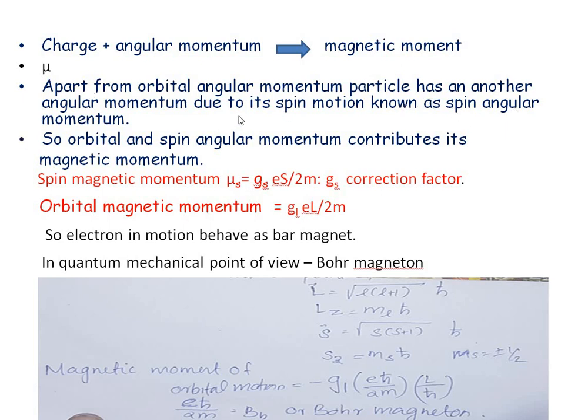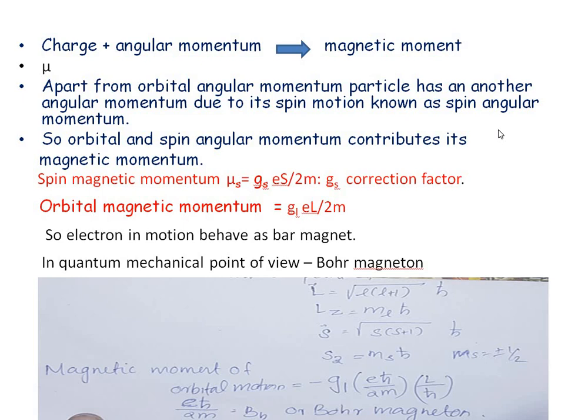So, due to orbital angular momentum, it has a magnetic moment known as orbital magnetic moment, and due to spin motion it has a magnetic moment known as spin magnetic moment. The difference is that the orbital angular momentum is represented by capital letter L, and in the case of spin motion, L is replaced by S.